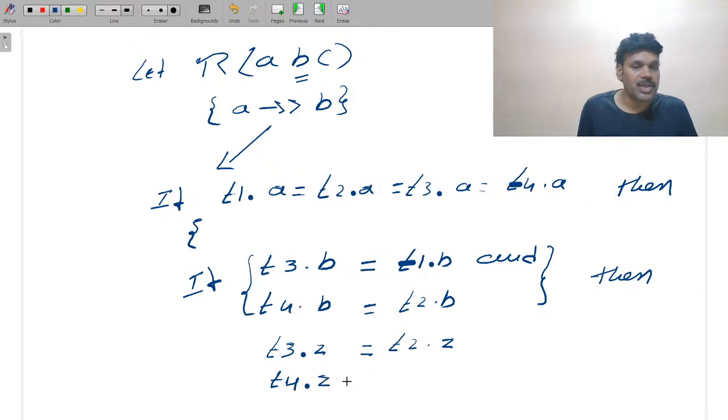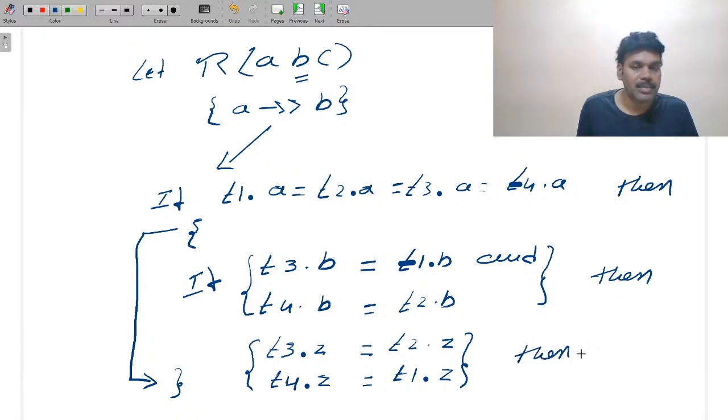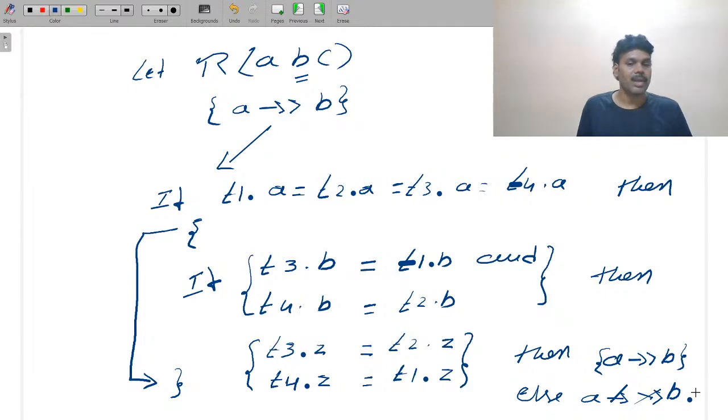And T4 dot Z is equal to T1 dot Z. If all are satisfied, then we confirm A implies B. Else, A implies B is not possible. Clear? So please observe carefully.